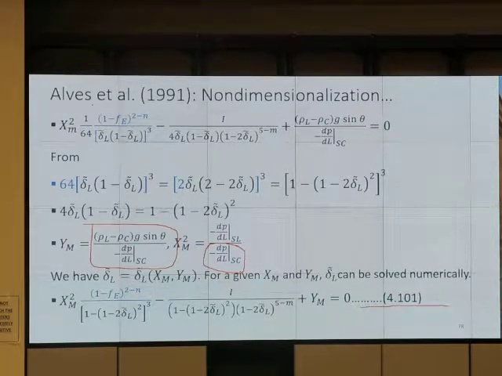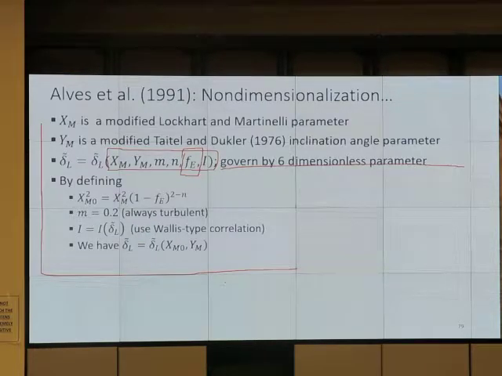Whatever I did, you will do too. Okay? So it depends on m and n. m is for the gas phase, which is always turbulent. n is for the liquid phase; sometimes the film is laminar, sometimes the film could be turbulent. So if you know F sub E, then the rest you can calculate.